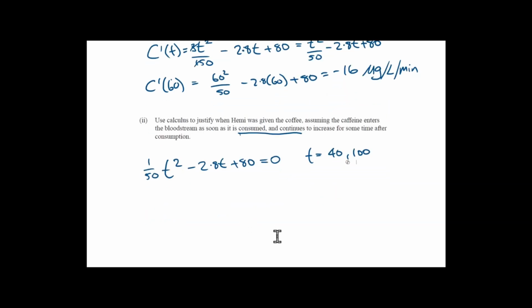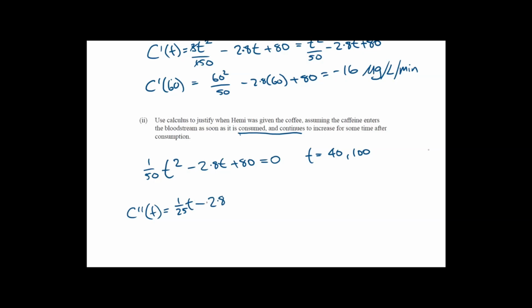Can we prove that when t equals 100, it's a minimum? Well, we can. Let's differentiate this again. So the change of the concentration is going to be 1 over 25 times 2 times 150, minus 2.8.